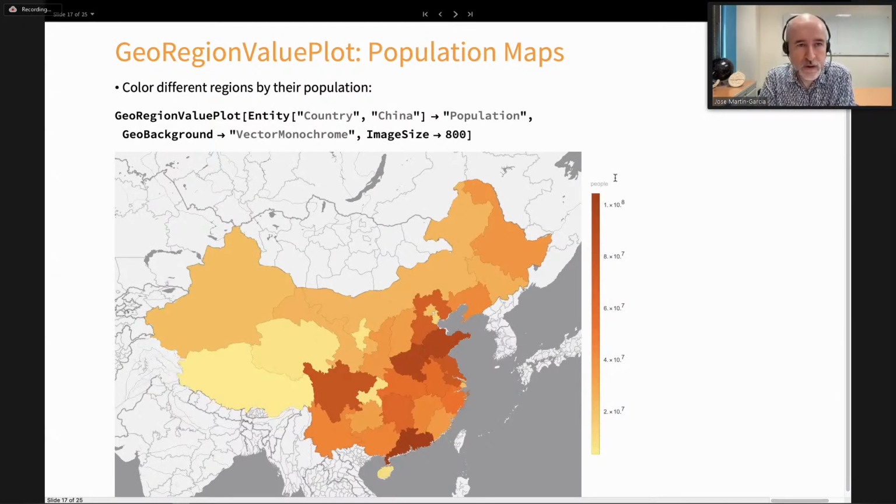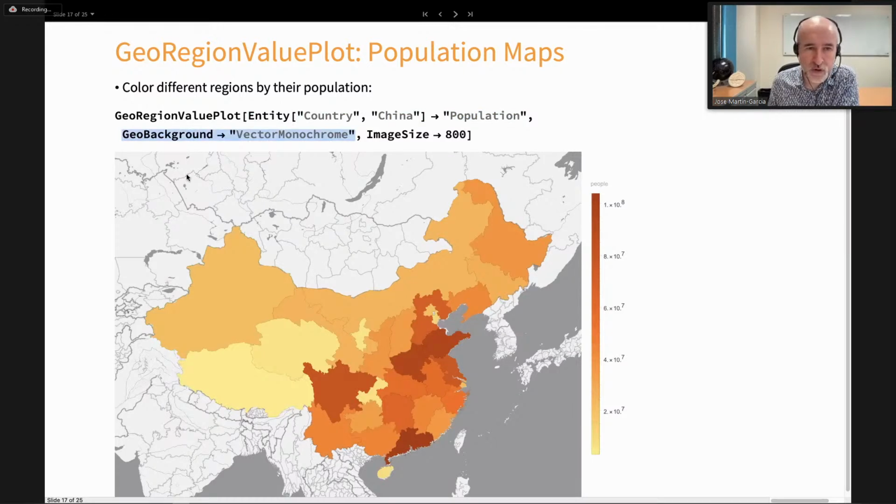And the first one we will be looking at is called GeoRegionValuePlot. This is a way of representing heat maps. So we just use different colors, and this is a legend about them on the values that we are representing for a given area. So for example, here we say for the area of China and its subdivisions, give me results about population.